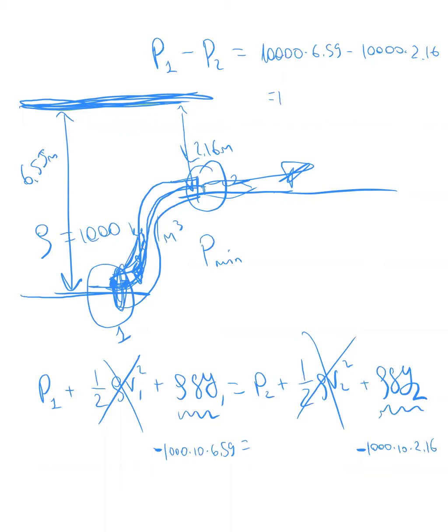So this is 10,000 times 4.43, and this is 44,300. The unit of pressure is Pascal, 44,300 pascals of pressure.